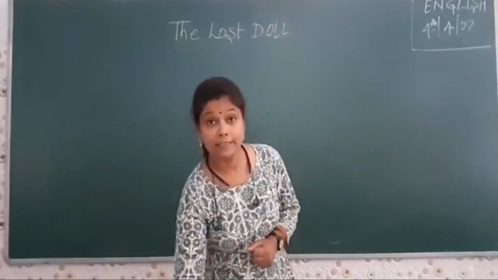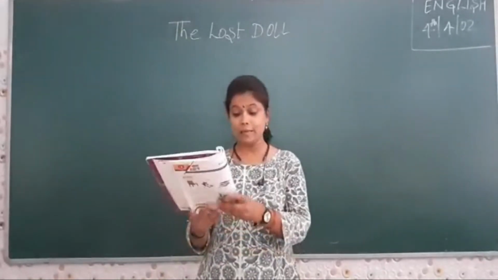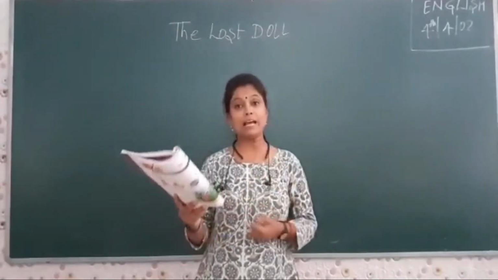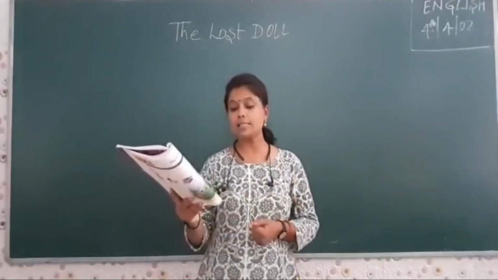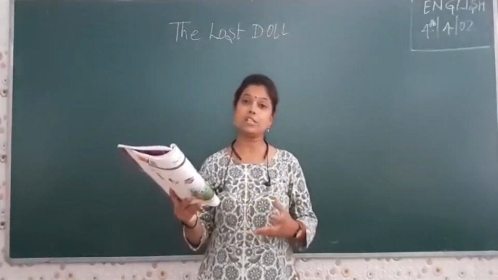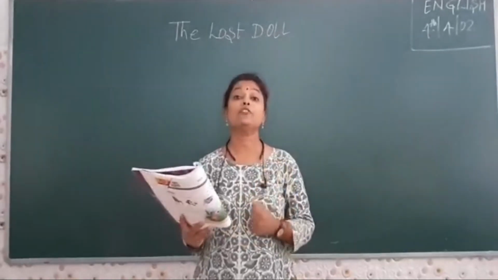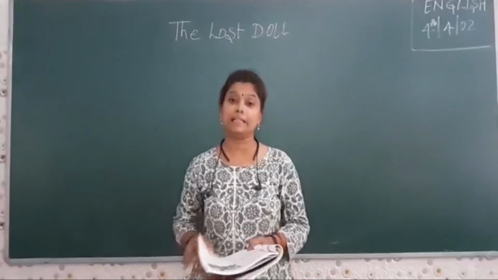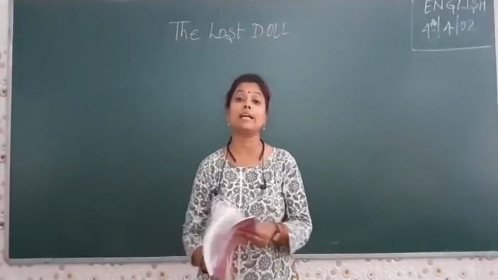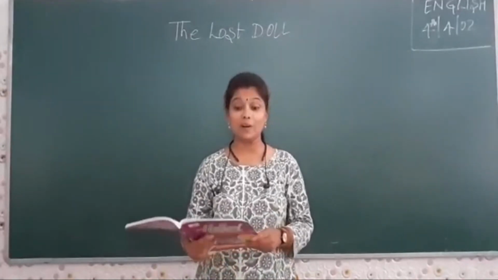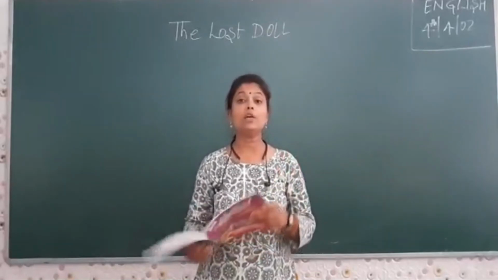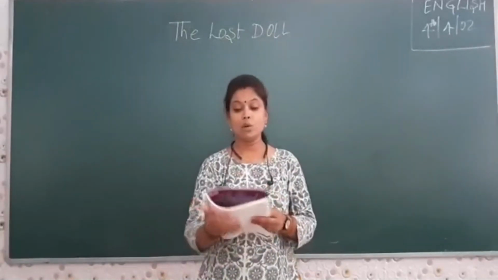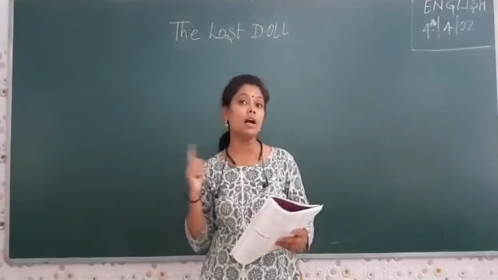Next, fill in the blanks. So in fill in the blanks, the first one I am reading for you. Once the girl had a dash little doll. What kind of doll was it? Sweet. It was a sweet doll. Number 2, the doll's hair was dash curled.